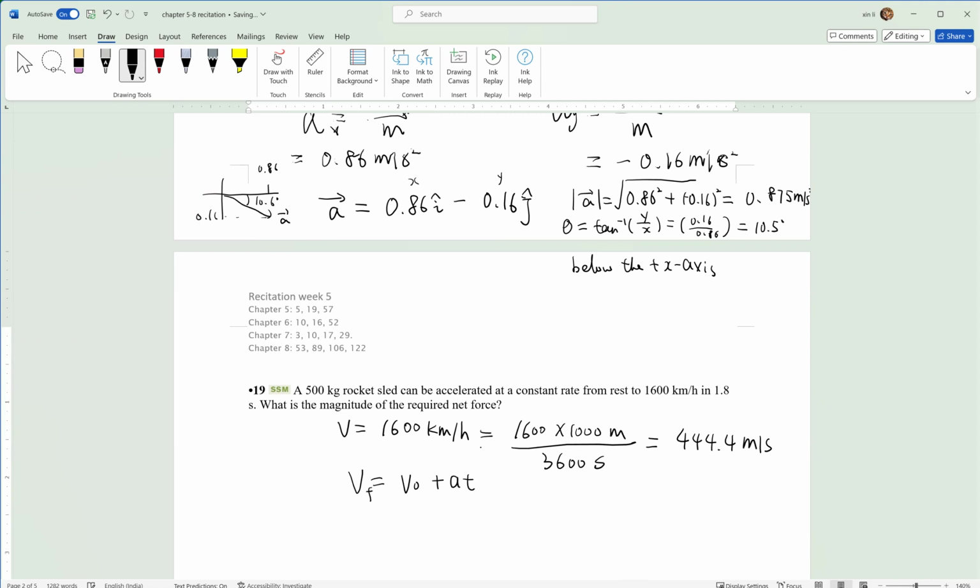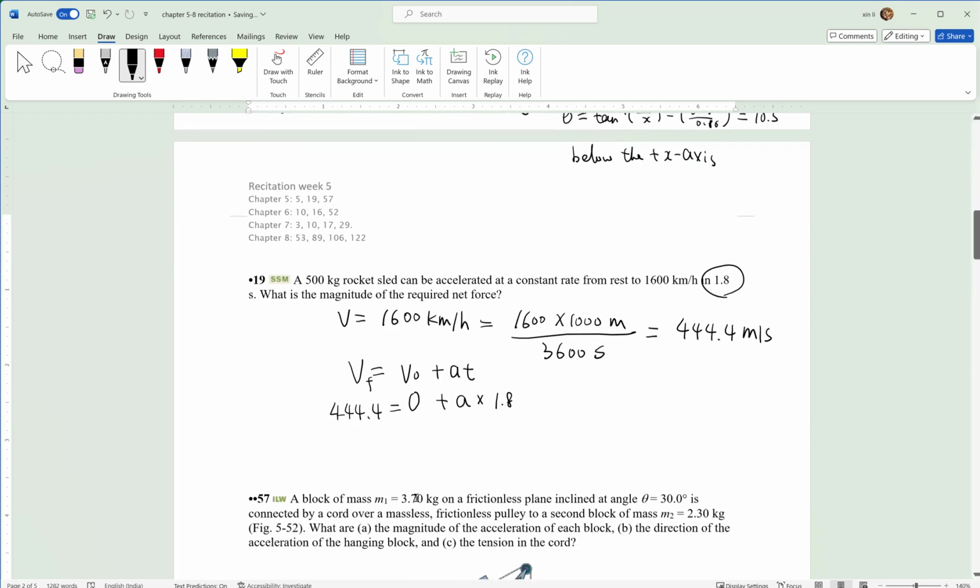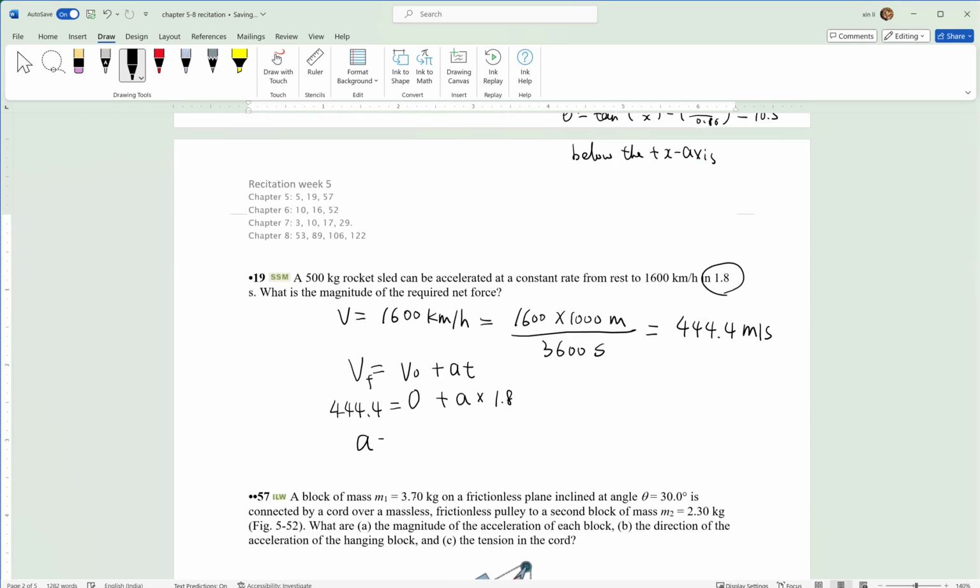And also, you can get your acceleration using V final will be equal to V initial plus AT. Okay, so from rest is 0 plus A times T is 1.8 second will be equal to 444.4 equals to that. And after that, you can get your acceleration. Your acceleration will be equal to this divided by 1.8.